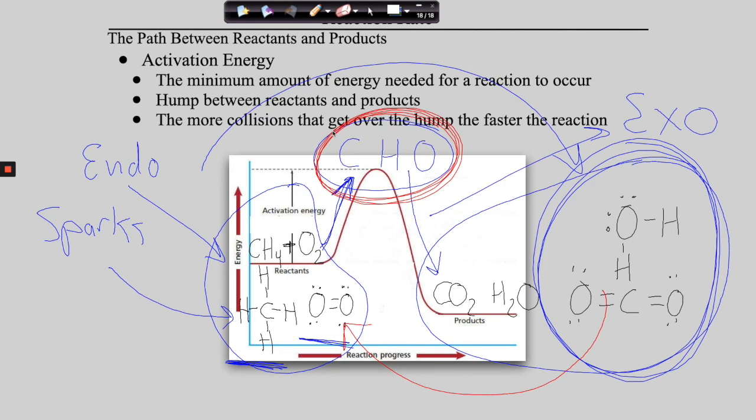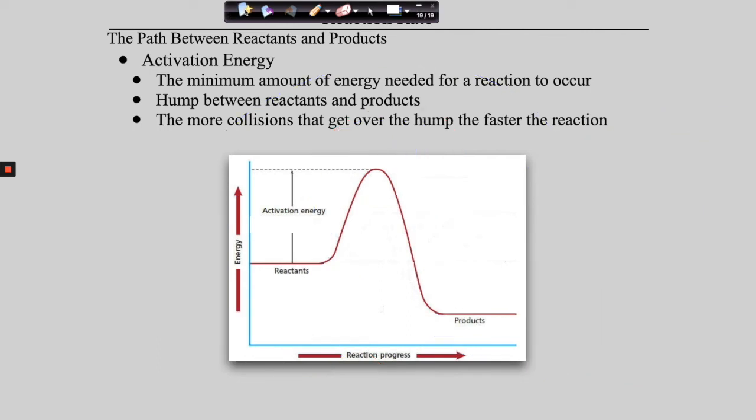And guys, that energy is actually represented by this height. This height right here is the change in energy when this reaction takes place. Sorry, not quite that height. I went a little bit too low. This height right here. The difference between reactants and products, notice it's going down.